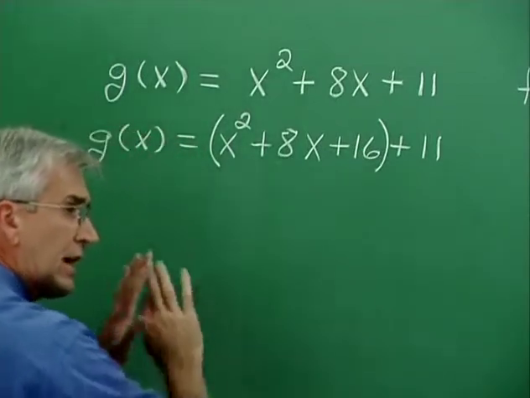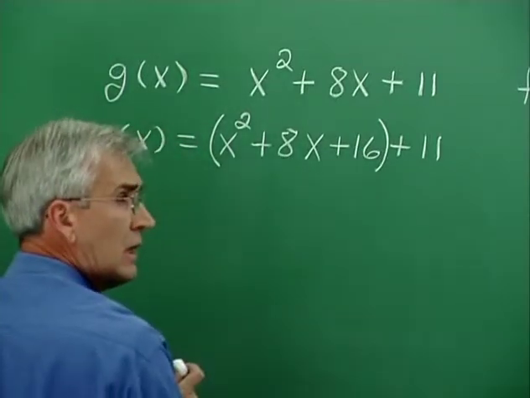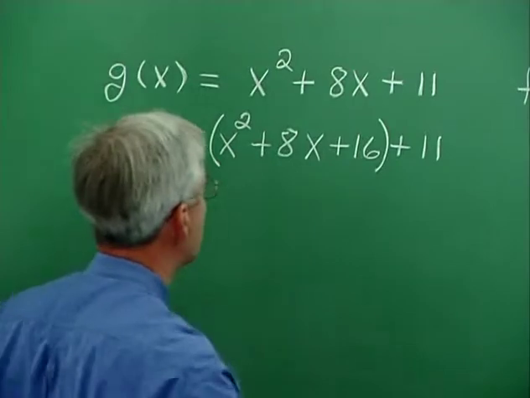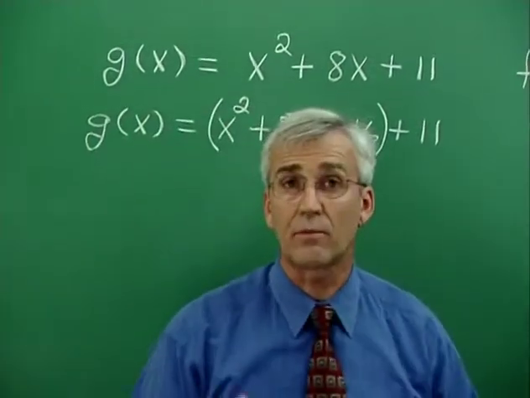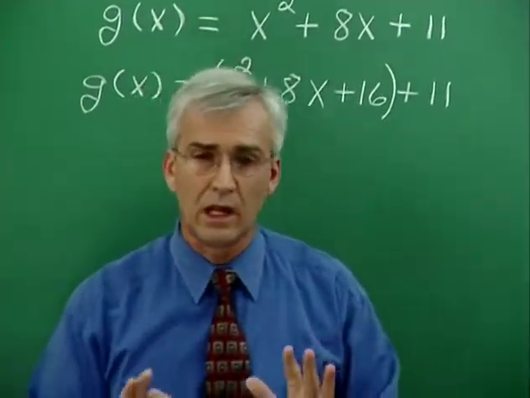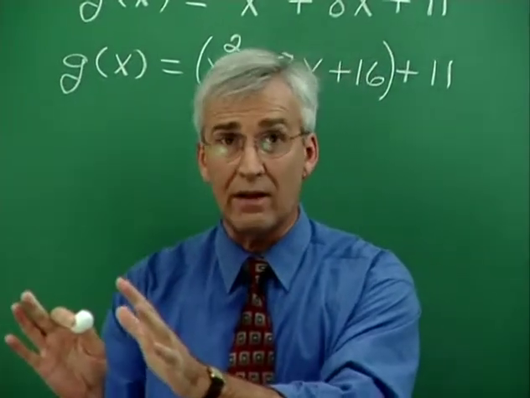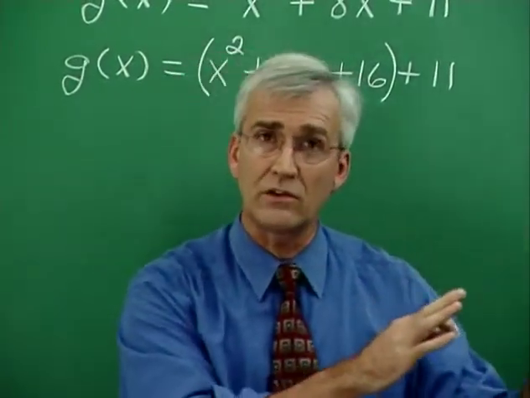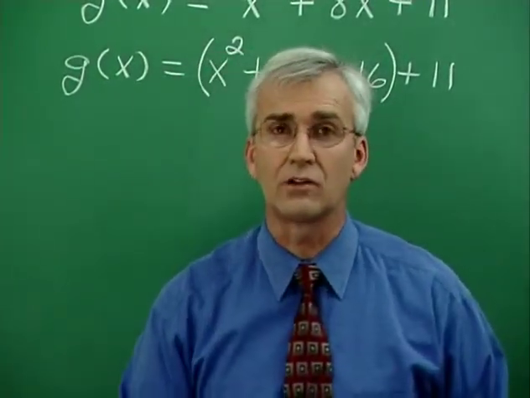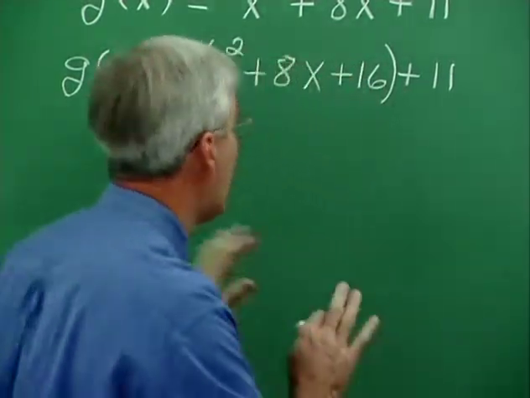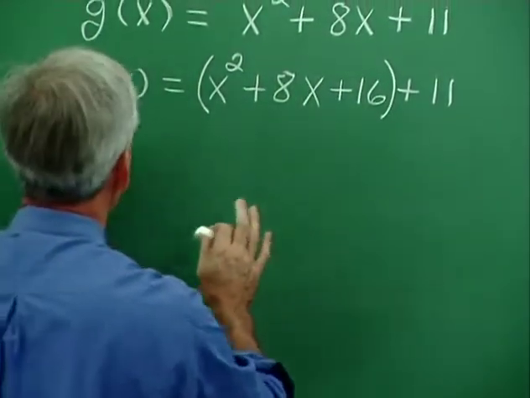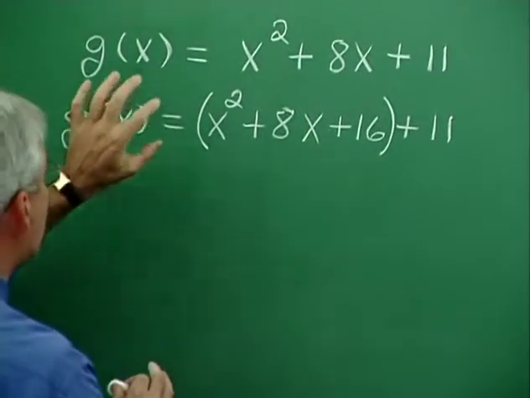But we are causing an imbalance in the equation. Now, in some circumstances, mathematically, when we go through the process of completing the square, if we add an amount on one side of the equation, then we have to add it on the other side of the equation to maintain the balance. But here, we're confined to this side of the equation. We want g of x over here, and we want to leave it over there.